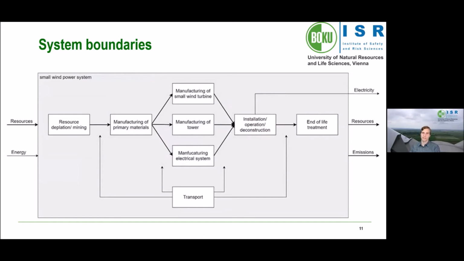Then we have the installation, operation, deconstruction, and of course the end-of-life treatment. And in between any of these processes, we have some transport processes. Depending on the turbine, they are quite different, of course.